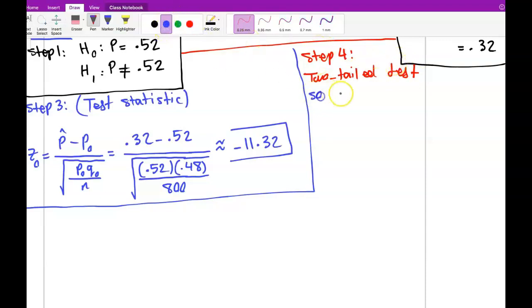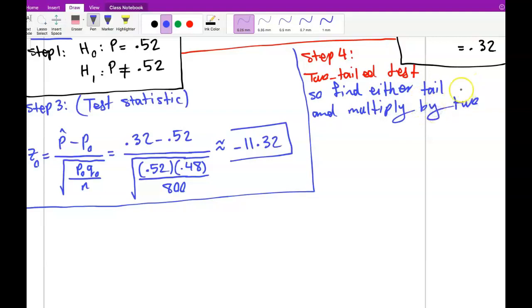So we should find either tail, so right or left, and multiply the result by 2. Okay, so the probability for either one works.